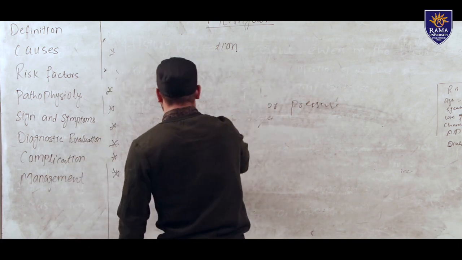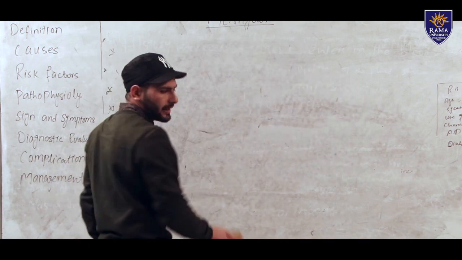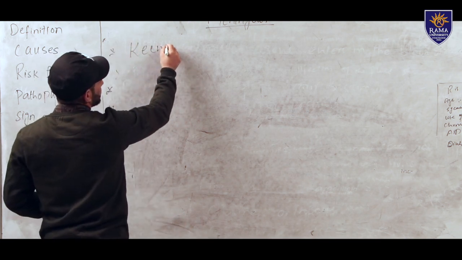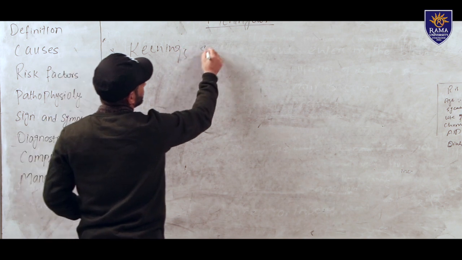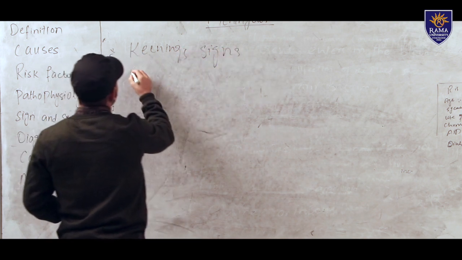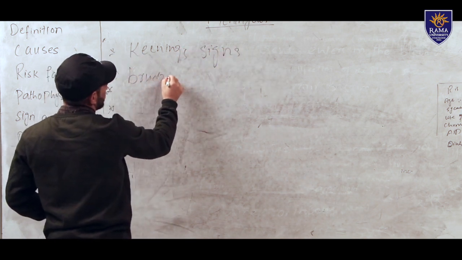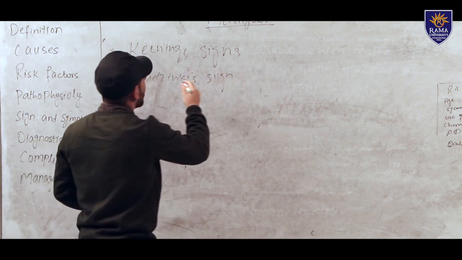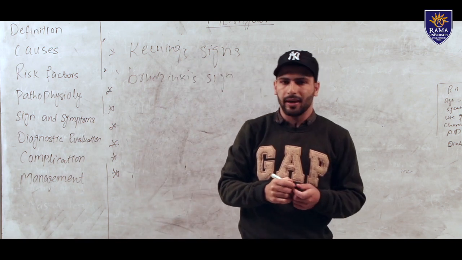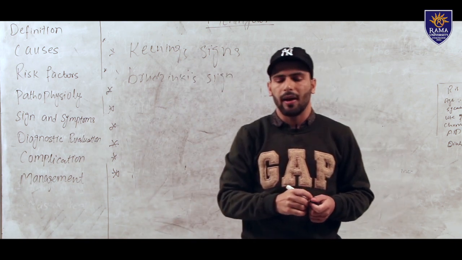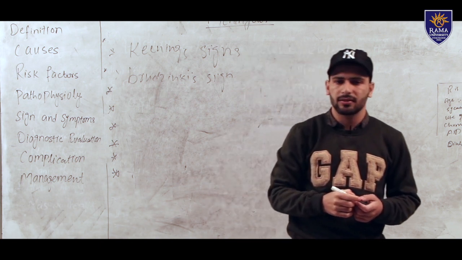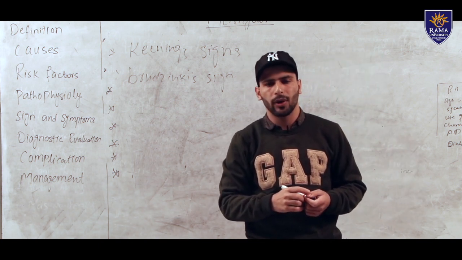Two positive confirmative tests are also done in the meningitis patient, which are the Kernig sign and Brudzinski sign. In the Kernig sign, when the thigh is flexed on the abdomen, the patient cannot completely move his legs.